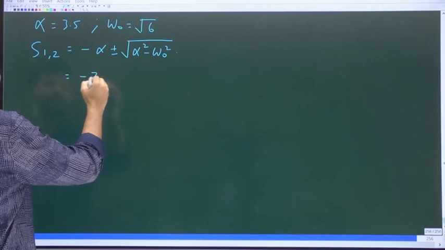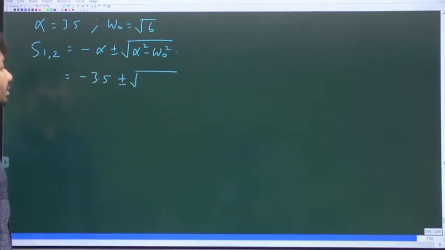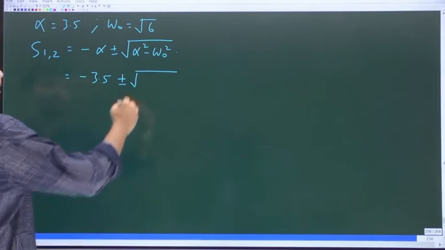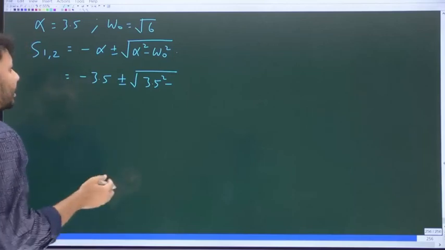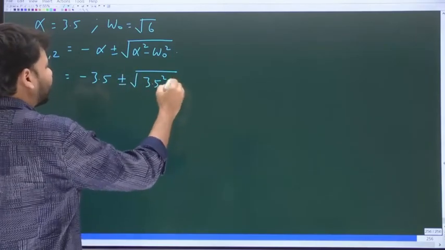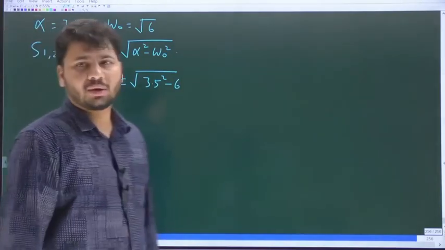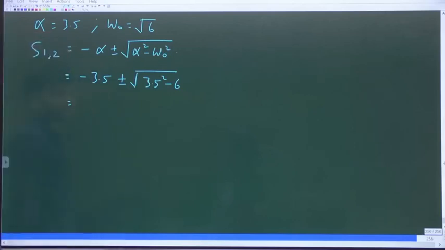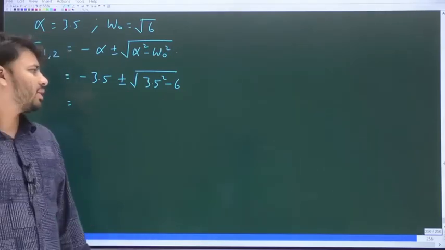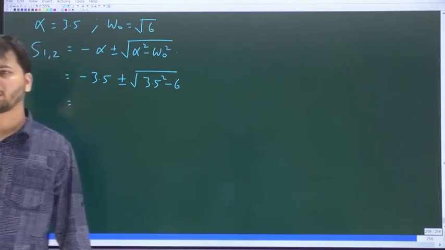Minus 3.5 plus or minus square root of 3.5 square minus omega naught square. Omega naught square is 6. That's all. In this way, you will get S1, 2 equal to minus 3.5 plus or minus square root of 3.5 square minus 6.